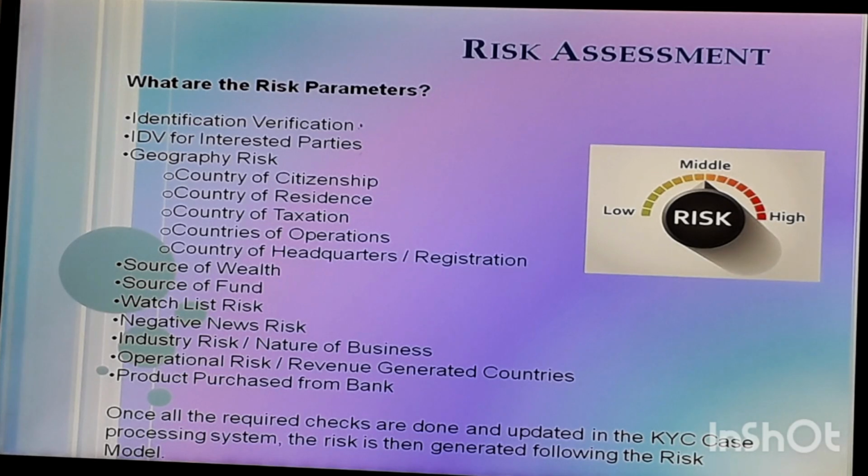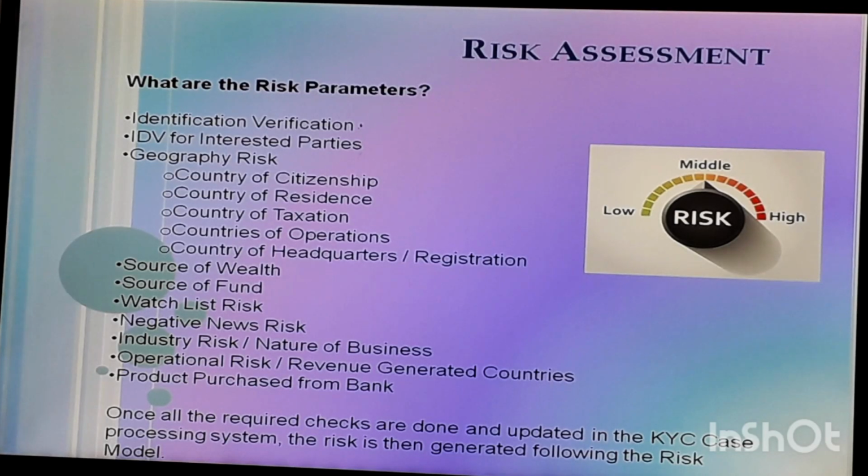So once all these checks are done and the KYC is updated, the risk is decided. As per that, we will go ahead and do an ongoing monitoring, or you can say a periodic review. So if we have a risk as low, then the periodic review will happen after 3 years.